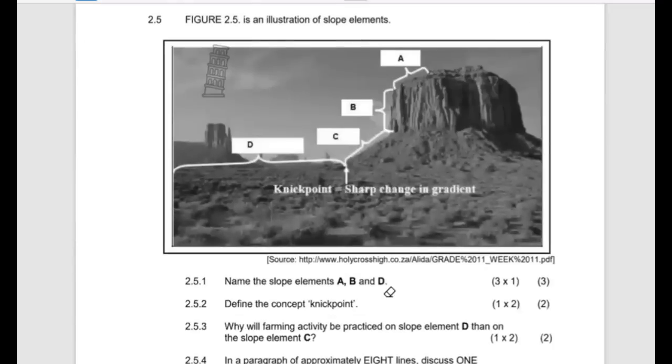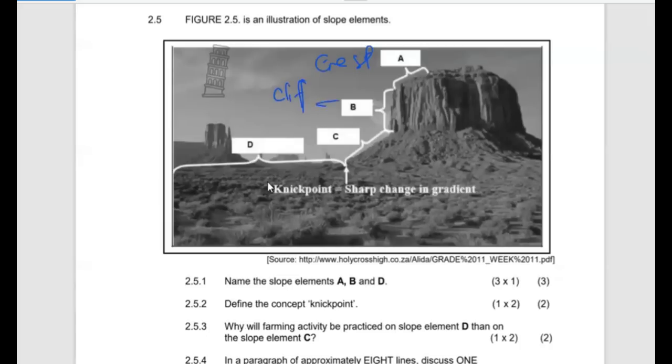Right, name the slope elements A, B, and D. Right, if we analyze our slope here, the slope elements that we tend to find here, our A is the crest.